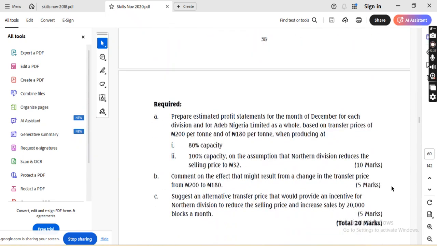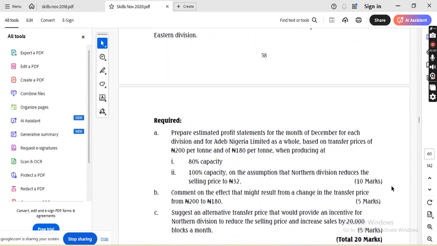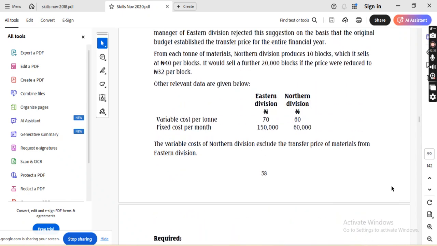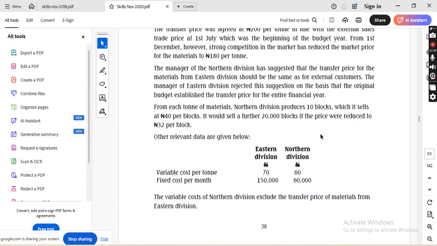Coming on the assumption that they reduce the selling price. Yeah, we reduce the price. So when they reduce the price, they will have more blocks, right? Okay. Because they cannot sell one at 40 naira per block and still sell the second at 32 naira per block, right?